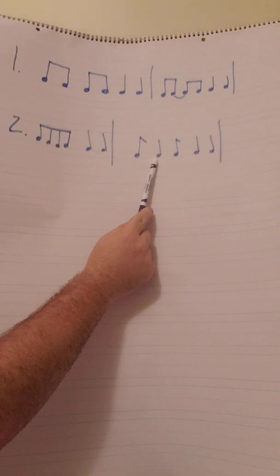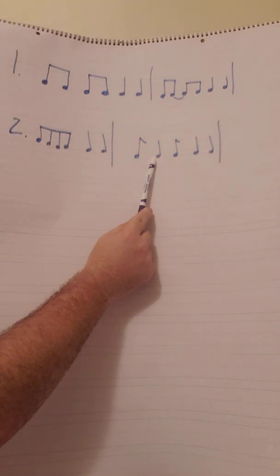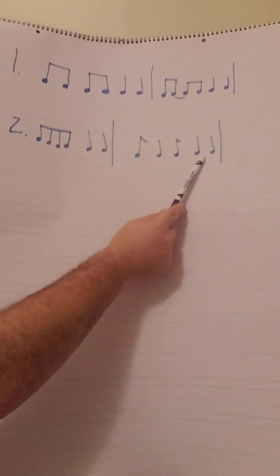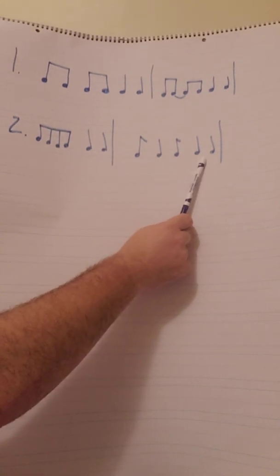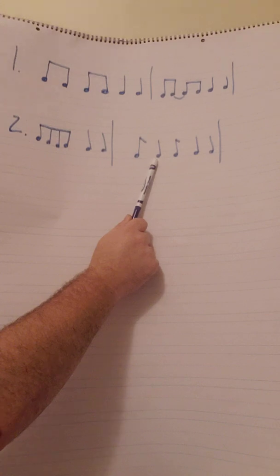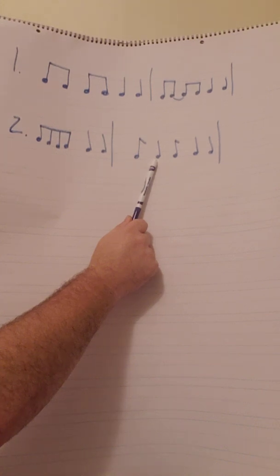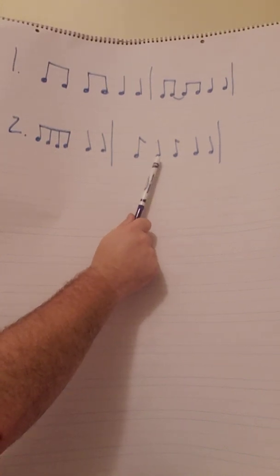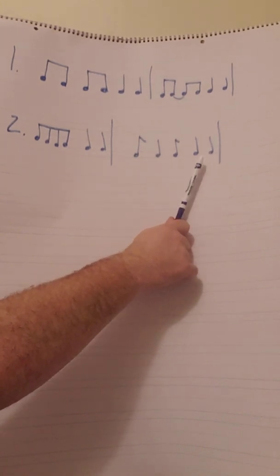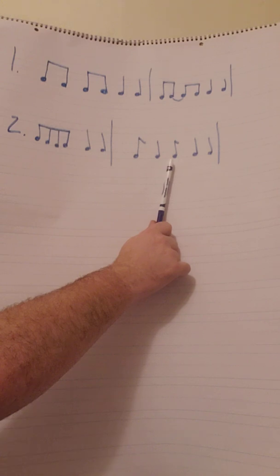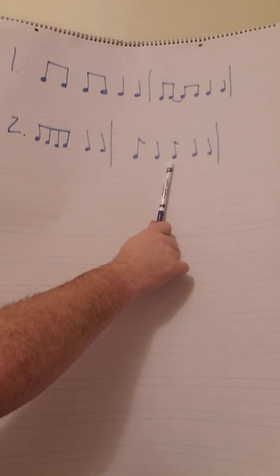So this one comes on the weak beat, and these two are not technically on a weak beat, but kind of. Right here is where really the weak beat with a strong note goes. We wouldn't really count this as a weak beat because it's actually going to be beat 3 and then beat 4. We might count this one as a weak beat because it will come on the and count of 2.